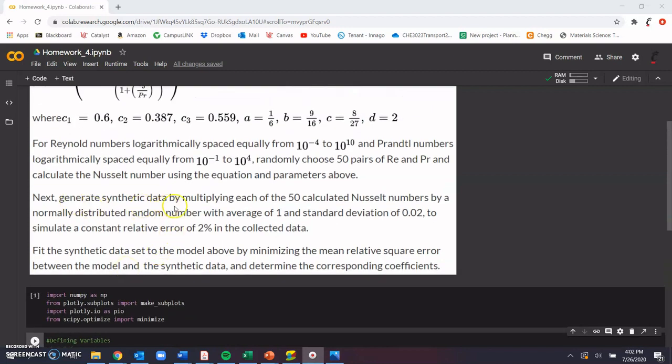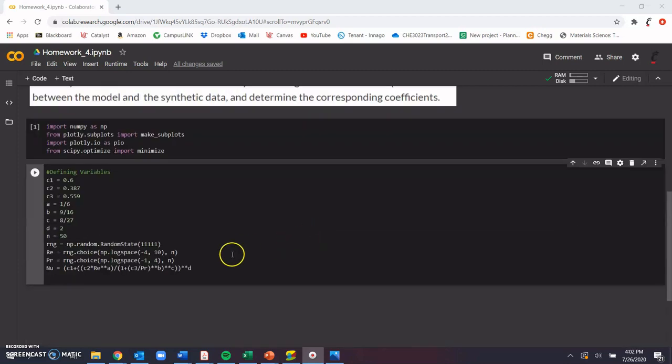But what this is also asking us to do is, now that we have the synthetic data, we want to basically simulate a constant relative error of 2%. So we're going to use an average of 1 and a standard deviation of 0.02 to do that. So we'll essentially just be multiplying our Nusselt number by a vector of the same size that has randomly distributed values with an average of 1 and a standard deviation of 0.02.